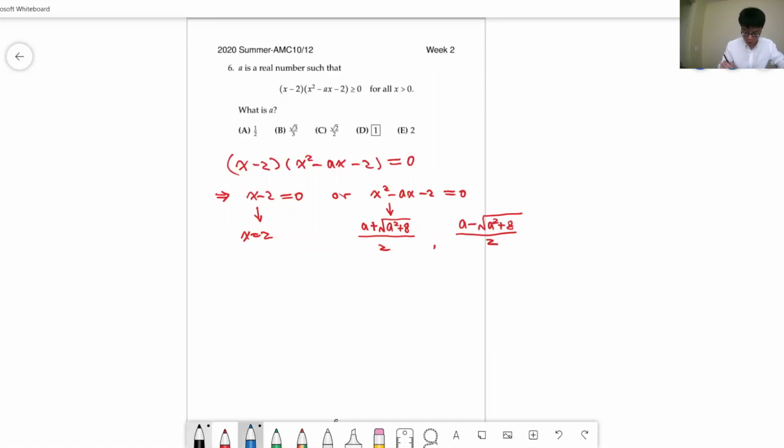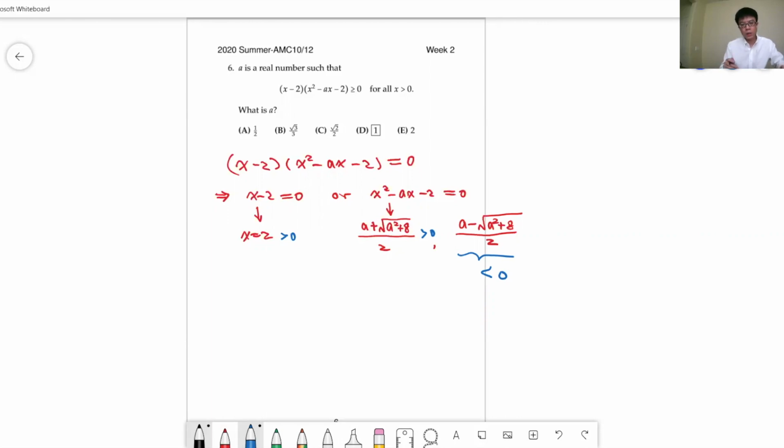Okay, and we see that this latter part is negative. Now this function is always non-negative, and we have these two positive roots. This is positive, and this is also positive, right? So in order to have this always non-negative, these two roots must be the same.